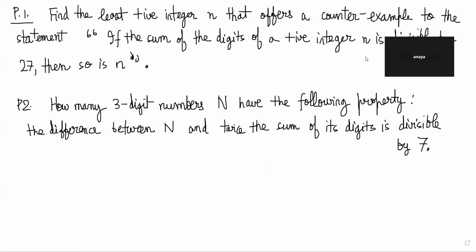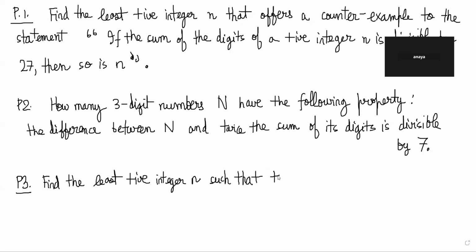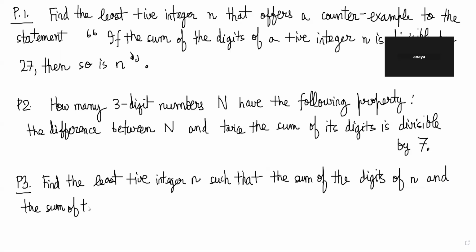Okay, problem 3 is: find the least positive integer n such that the sum of the digits of n and the sum of the digits of n plus 1 are both divisible by 5.